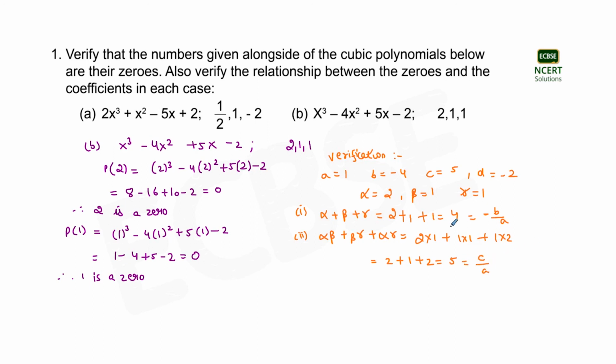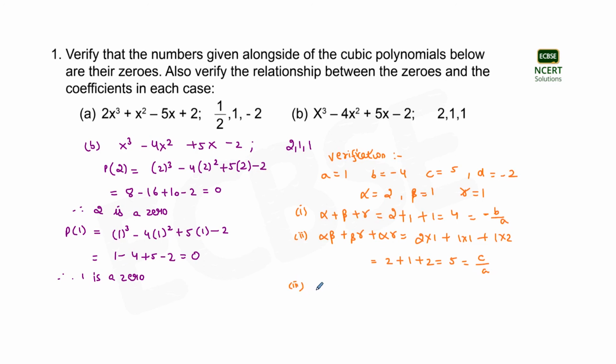As the value of c is equal to 5 and a is equal to 1, 5 can be written in the form c over a, which means alpha into beta plus beta into gamma plus alpha into gamma comes out to be equal to c over a. So the second relation has also been satisfied.